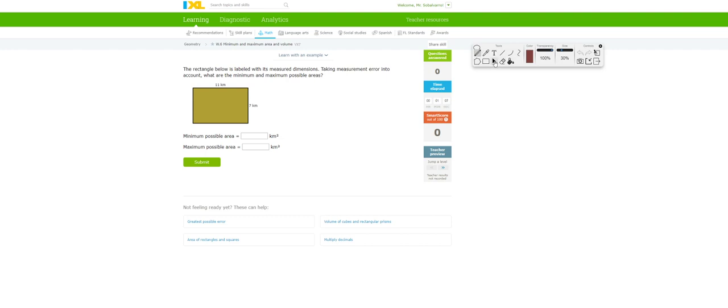What this deals with is finding the minimum and maximum area and volume.